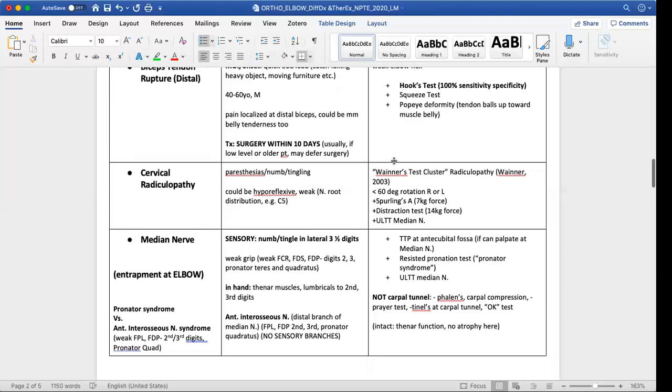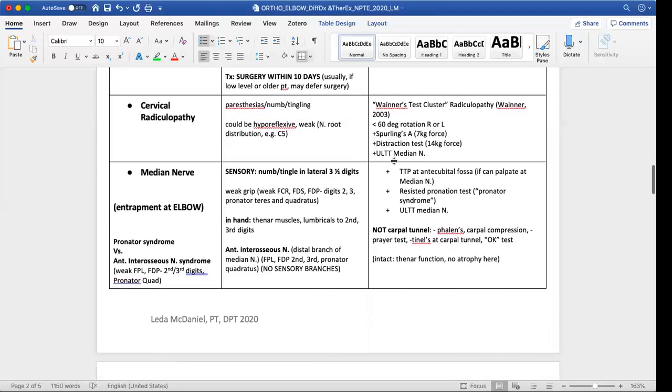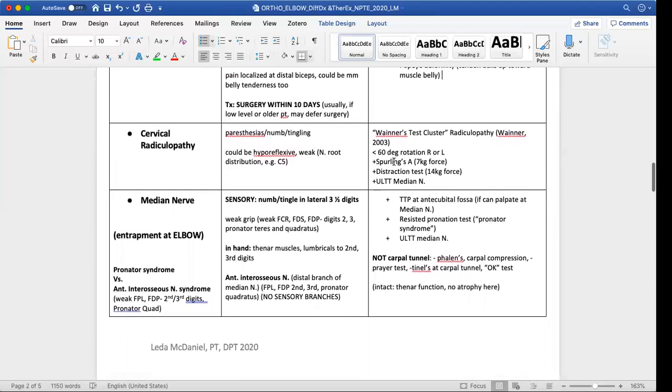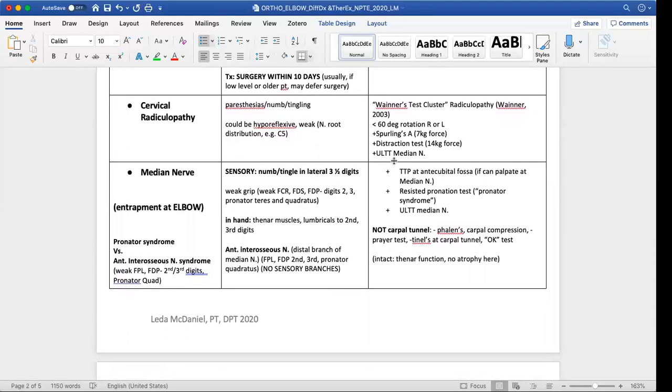These individuals, it's really important to note that we want to get them to a surgeon quickly if it's a full tear. We want that tendon to be reattached within 10 days for the best outcomes. Usually this individual is going to have surgery. It's a no-brainer. For a lower level or older patient, it is an elective surgery, so they might defer surgery.